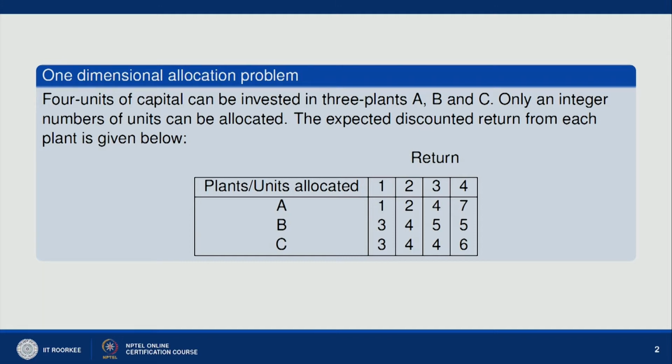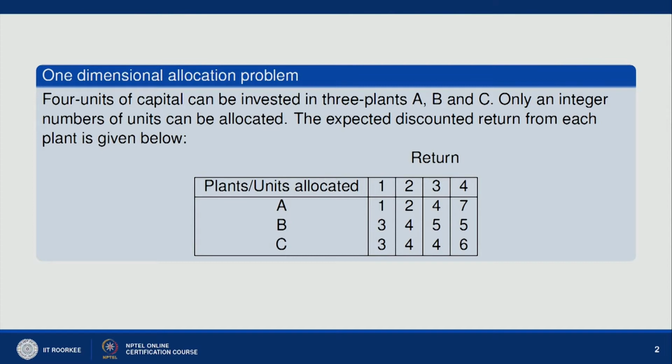That means the units allocated may be 0, 1, 2, 3 or 4, but not fractions. The expected discounted return from each plant is given below. There are 3 plants A, B and C. If in plant A 1 unit is allocated, the net return is 1 unit only.